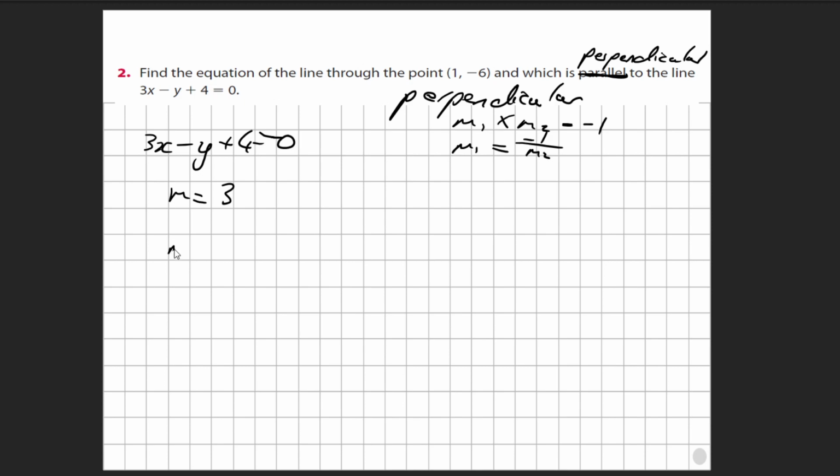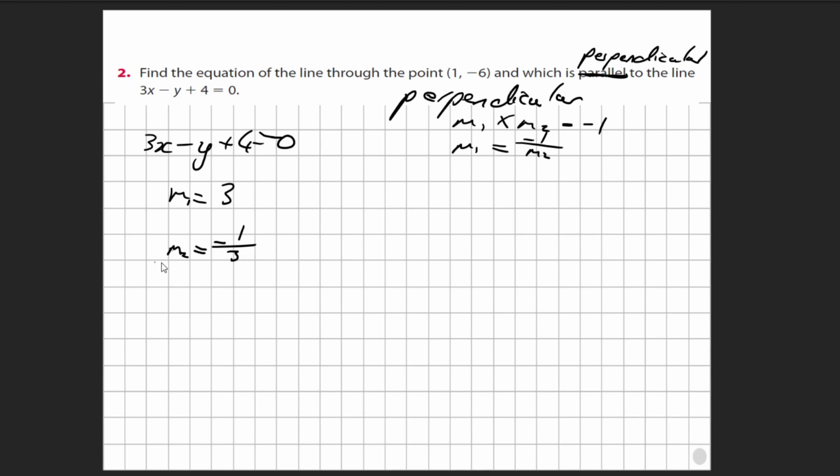So m2, for the line that we're trying to find here, is going to be minus 1 divided by 3. These two multiplied together is going to be minus 1, which is the same as what I have here, m1 equals minus 1 over m2.